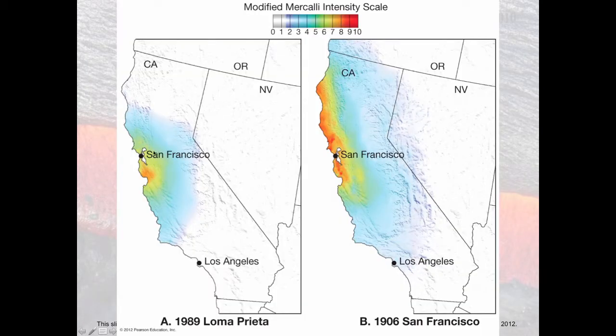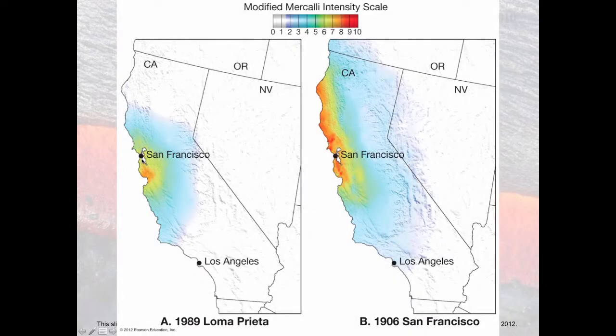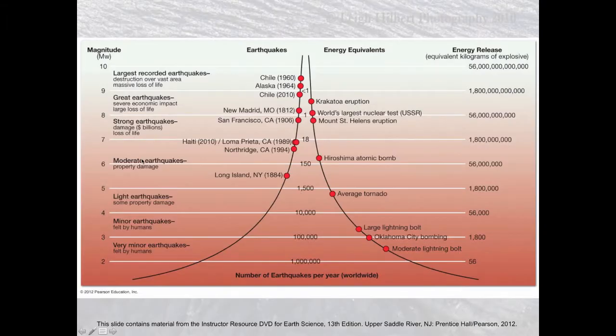And so every step up in Richter magnitude is actually a step up in energy released by a factor of 10. So it's an exponential scale. So 10 times more energy was released in this one at 7.8 than in this one at 6.9. And that's clear from the Mercalli index scale map here.